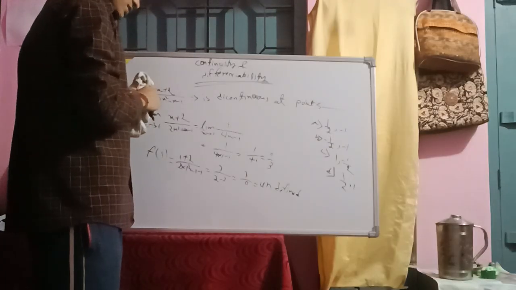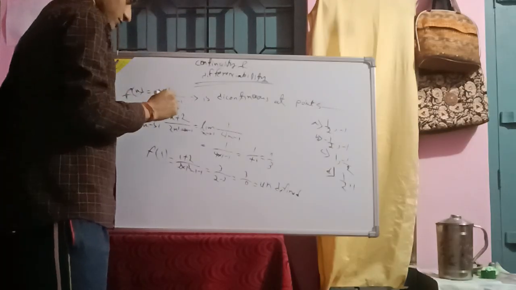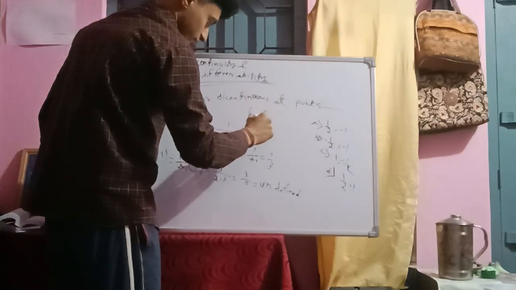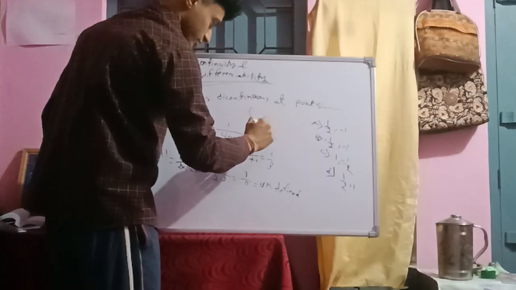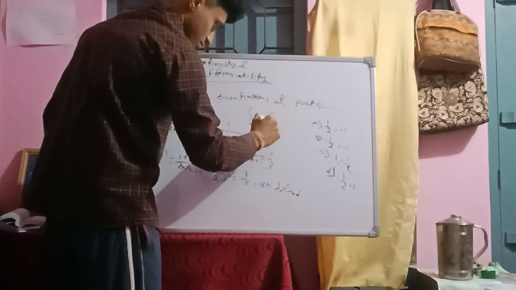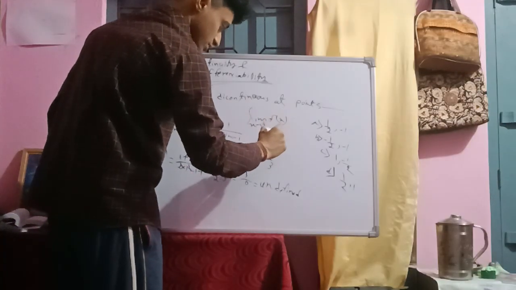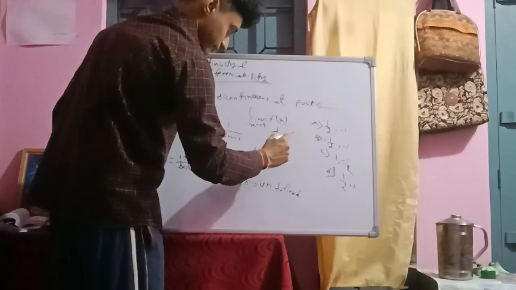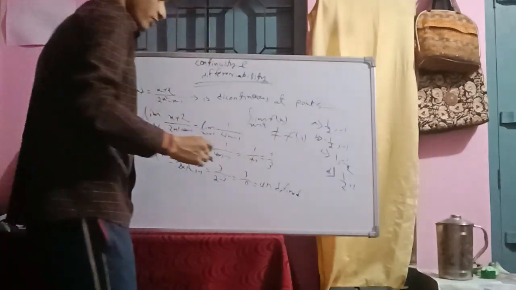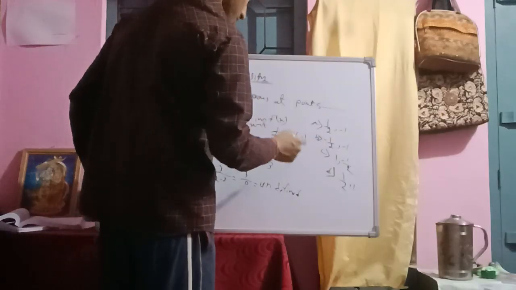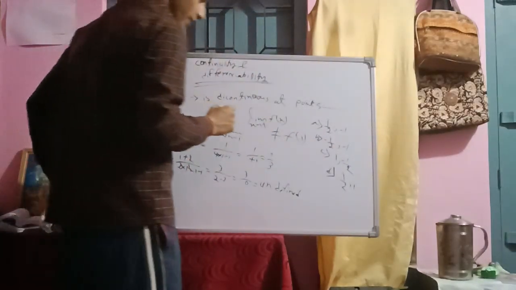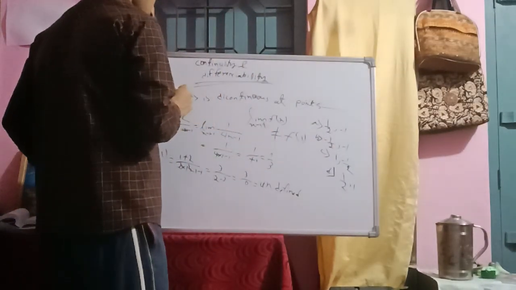Okay, so this means we saw that as limit of x approaches 1 of this function f of x, it's not the same as the functional value at point 1. This means definitely one of the points in which this function is not continuous is going to be 1.